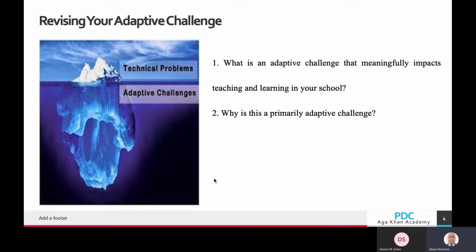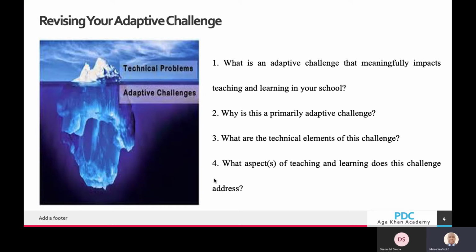And then within that challenge, remember last time we talked that a challenge has both technical and adaptive elements. But then you have to identify what is it that is adaptive to that particular problem. And at the same time, ask yourself, what are the technical elements of this challenge which you are addressing?